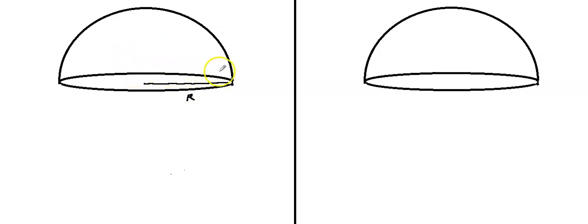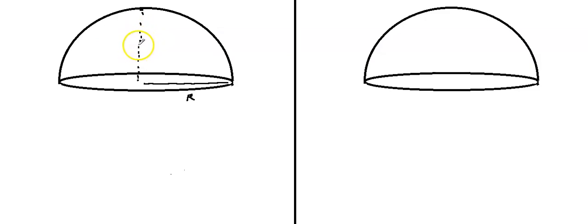You have another disk of slightly smaller radius, and another disk on top of that of slightly smaller radius, till you get to the top where you have a disk of zero radius, right? A disk of zero radius is nothing but a point. So a hemisphere is what you get when you stack disks of varying radii one on top of the other. This is crucial when it comes to the derivation.